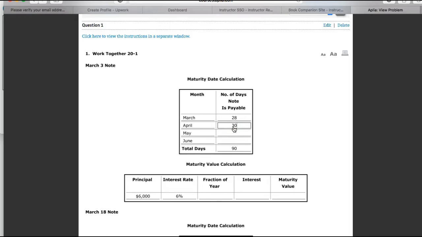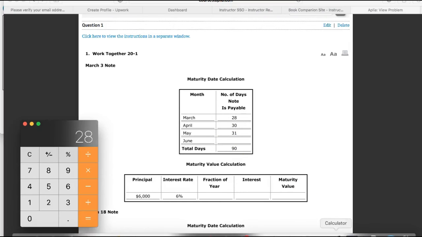April has 30 days, and May has 31. Now to figure out our June days, I'm going to do 90 minus 31 for our May, minus 30 for April, and minus 28 for March.